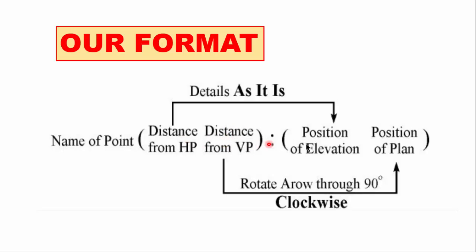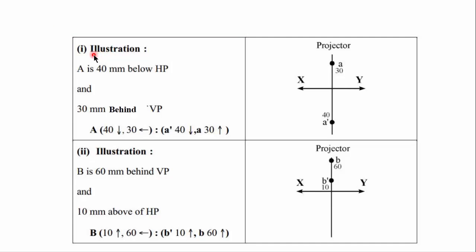From these details we can get position of elevation and position of plan as shown here. That means from the distance from HP, without modifying any of the detail, we get position of elevation, while using the distance from VP, we can get position of plan just by rotating the arrow through 90 degrees in clockwise sense. Let us have some more illustrations.